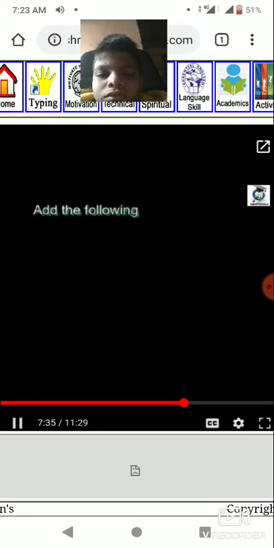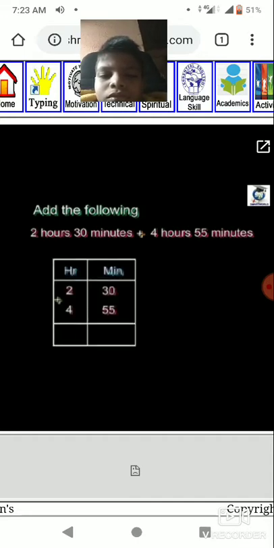Next, add the following: 2 hours 30 minutes plus 4 hours 55 minutes. First we'll make the columns of hours and minutes. First we'll make the addition of minutes. 0 plus 5, 5. 3 plus 5, 8.